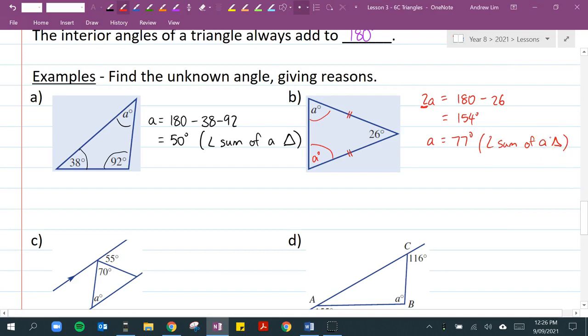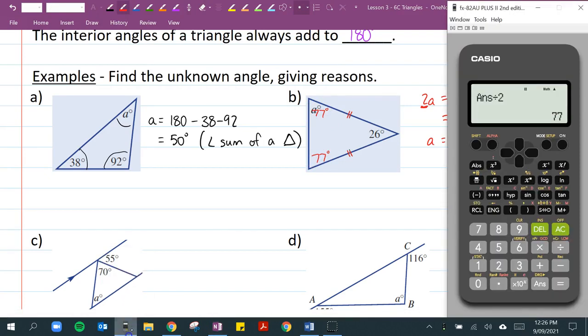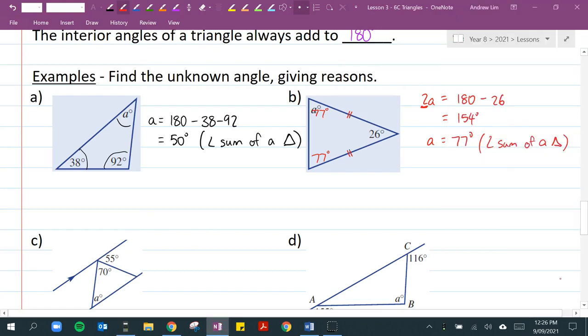We can always double check our answer. If we said that A was 77, then that's 77, this is 77, and we can add them all together and make sure it adds to 180. So 77 plus 77 plus 26, yep, adds to 180 degrees, so we know we answered it correctly.